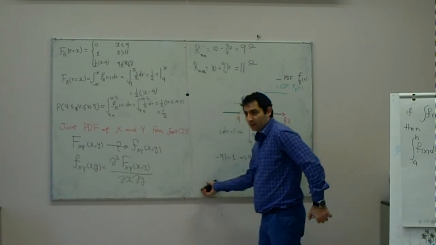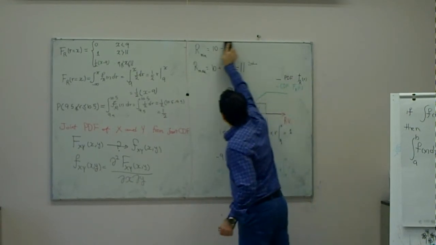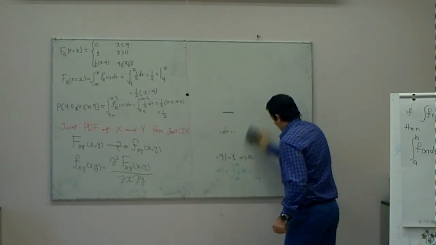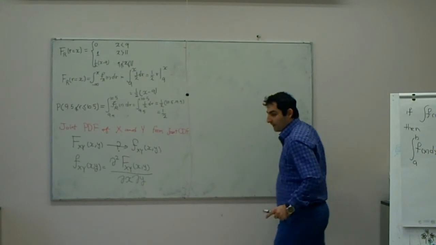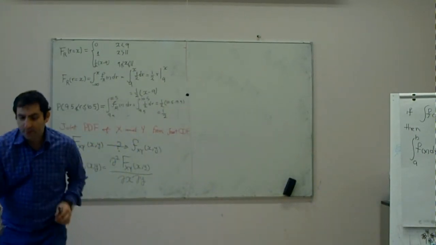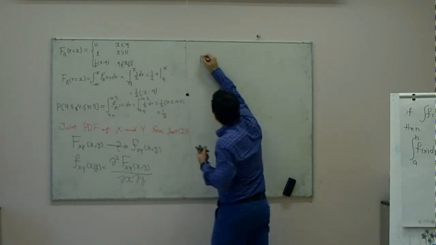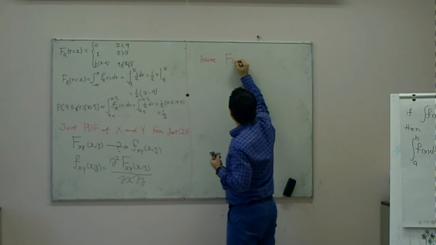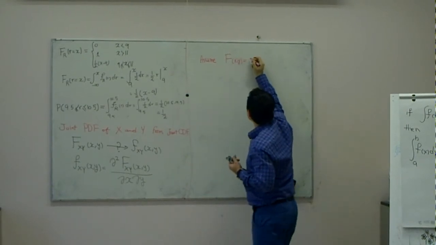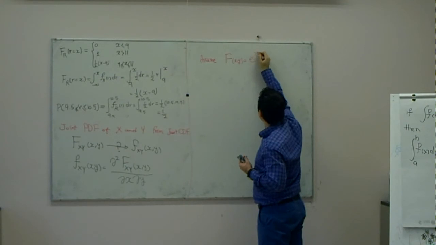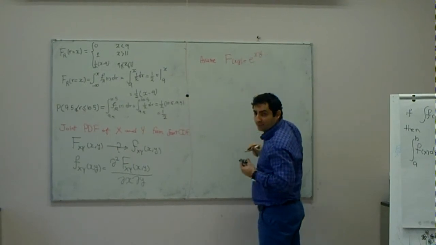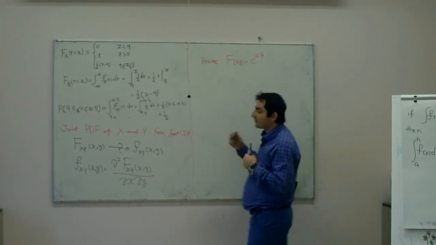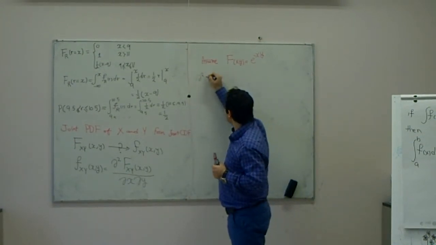Do you know how to calculate this? Let me do one simple example. So this is a reminder. Assume F of X and Y is e to power xy, and the question is calculate this.